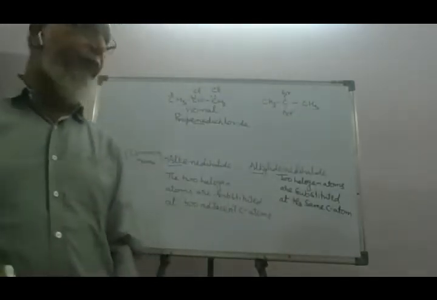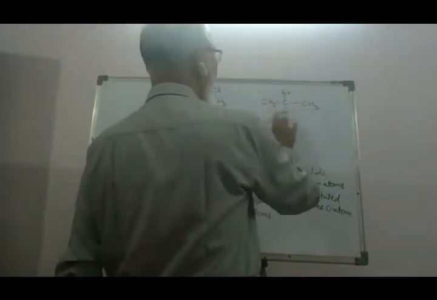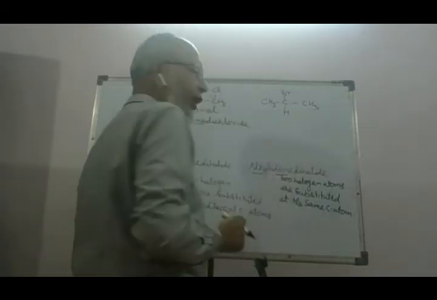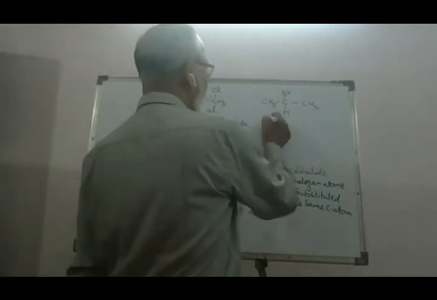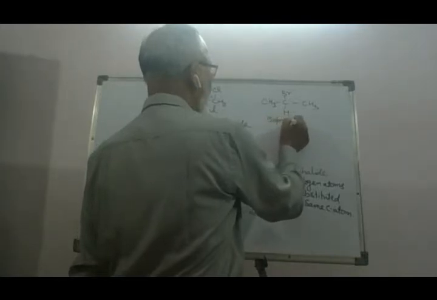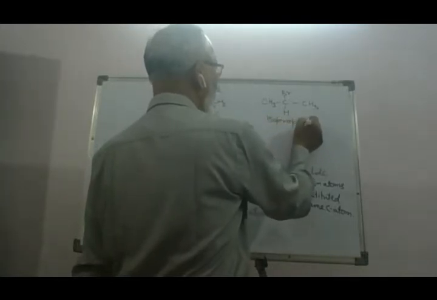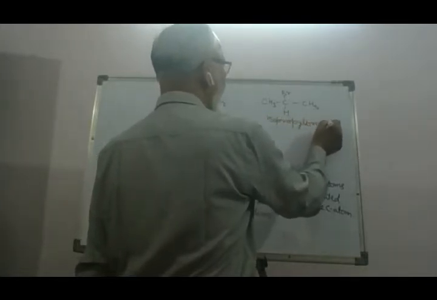Similarly, if this is a compound, CBr2CH3. Now, if instead of two Br atoms, there is only one Br atom, then its common name will be isopropyl bromide, also known as secondary propyl bromide.